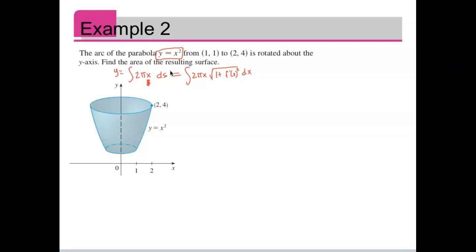And I'm going to do this both ways just to show you that it would come out the same. All right. And here, since we're integrating with respect to x, we're going to integrate across the x-axis. So we're going to use the x-coordinates, so from 1 to 2.